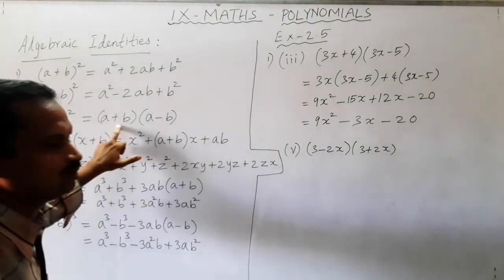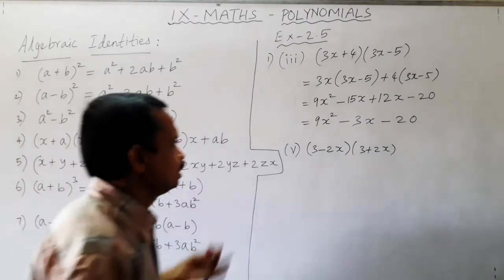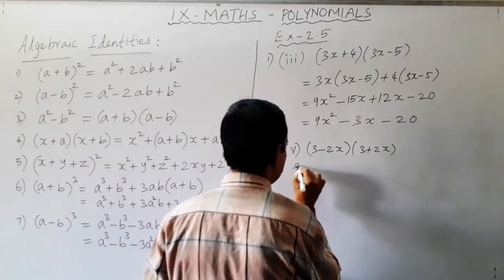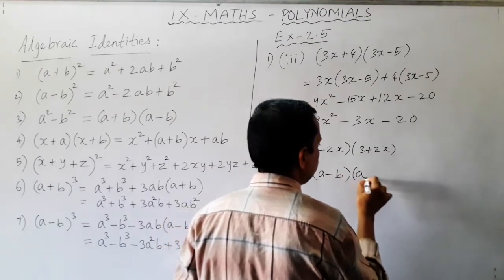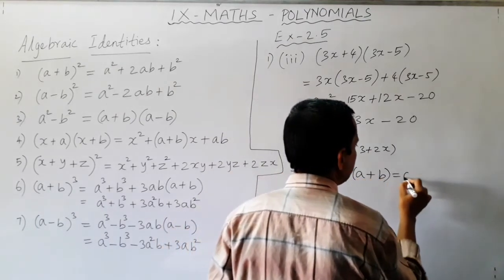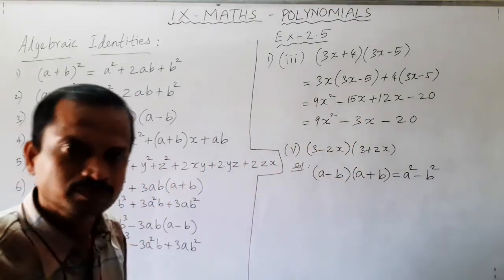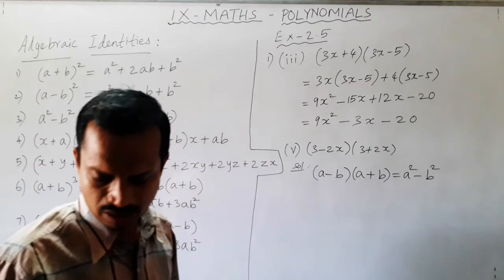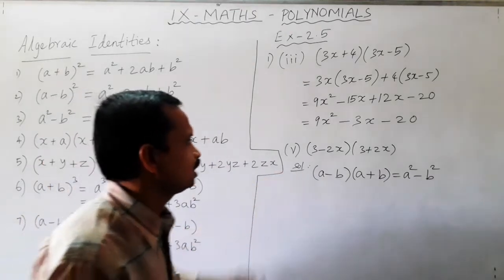So the right side is there, so you have to write it as the left side. Clear? So you can take that solution part: (a - b) into (a + b) equal to a square minus b square. So whichever is convenient we can apply, because the question says use suitable identities, that's all. So I am doing this.